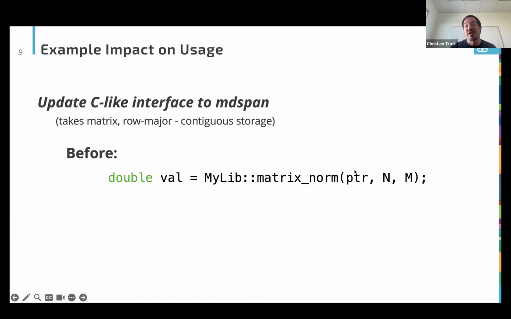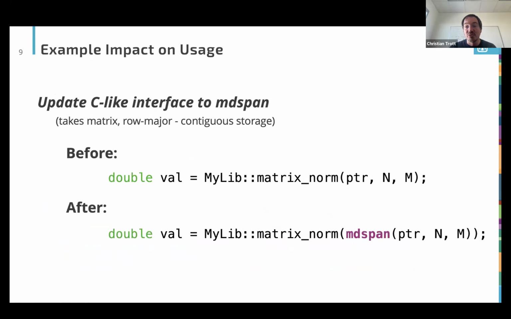And your function was looking kind of BLAS-like. You give it a pointer and 2 dimensions. What you would do is you would essentially just tell your user, yeah, now you can wrap that into an mdspan, right? You just say that and that works. And now it's passing an mdspan in.